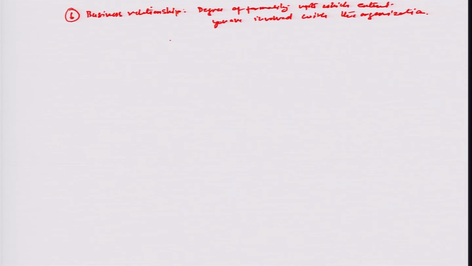For example, there could be just an arm's length relationship. So, this could be only where it is driven by buying and selling requirements.